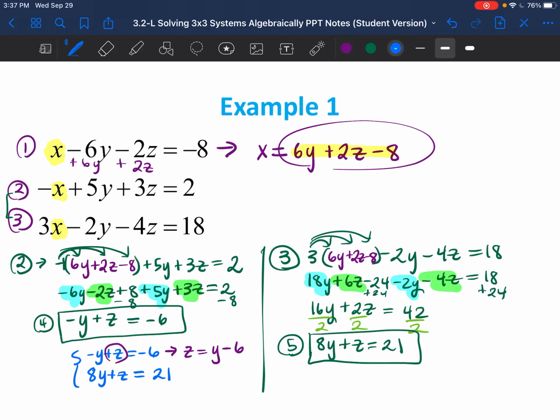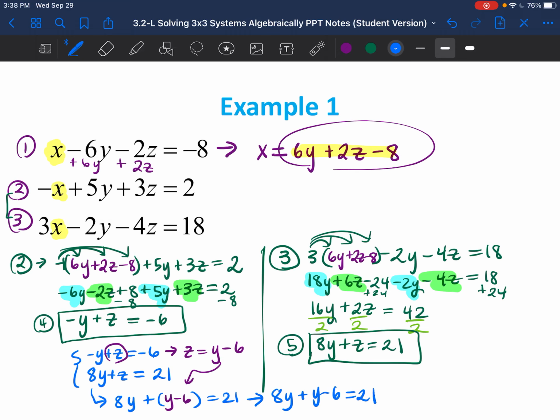And then we can take the second equation, 8y plus z equals 21. Substitute that here. And so 8y, these parentheses have no purpose.